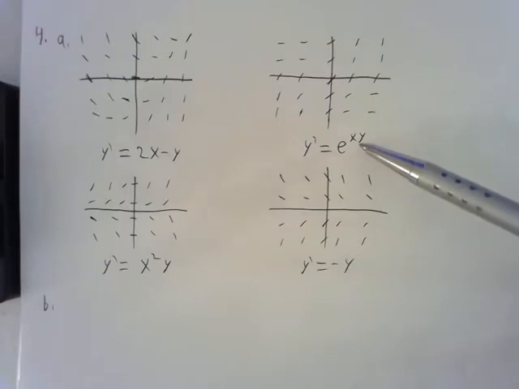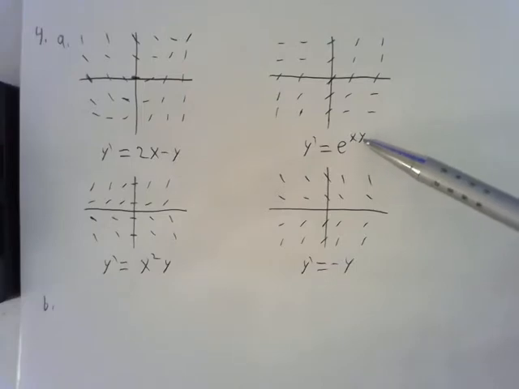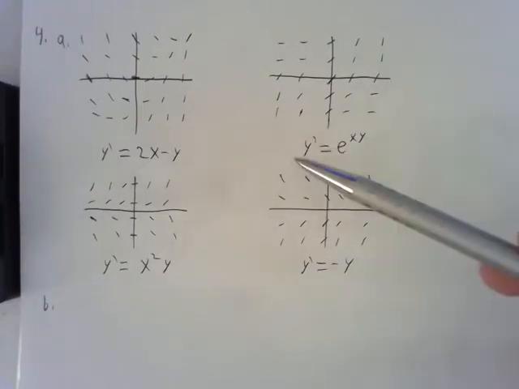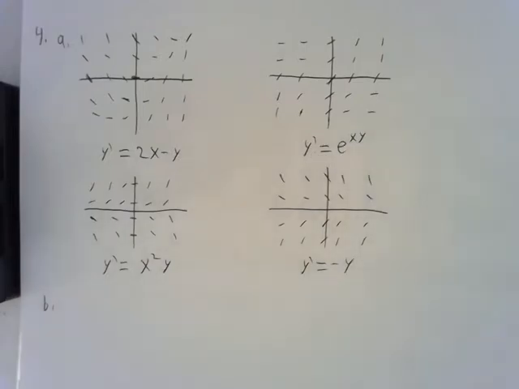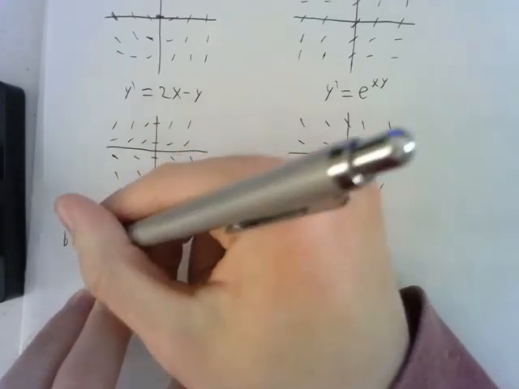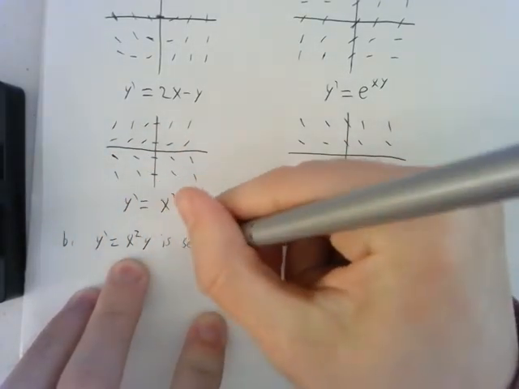This one also is not separable because even though we have a product of x and y, it's in the exponent. There's no way to divide through by all the y's and get them over on the left. This equation, however, is separable. So y prime equals x squared y is separable.